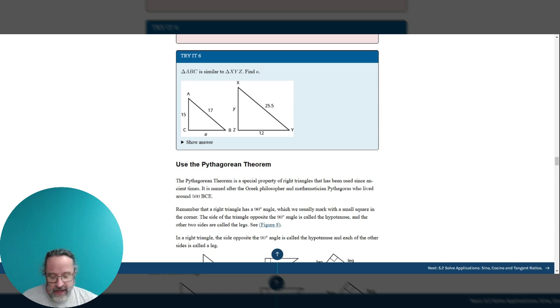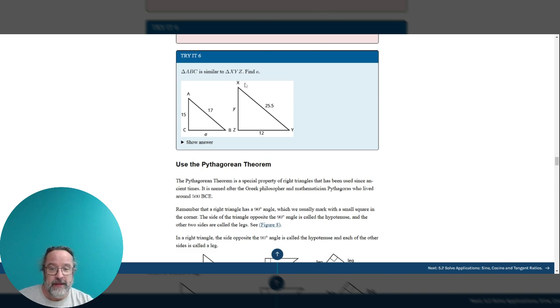Are they hypotenuses? I don't think so. So let's do 25.5 divided by 17. We end up with 1.5. So triangle XYZ's sides are 1.5 times larger than our triangle ABC.